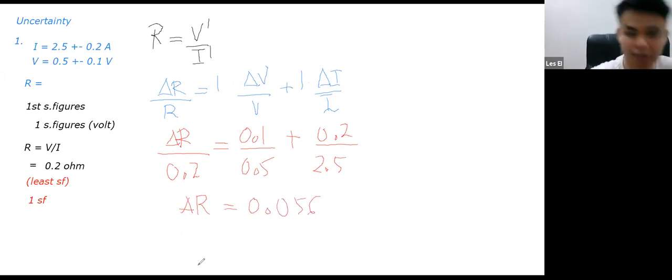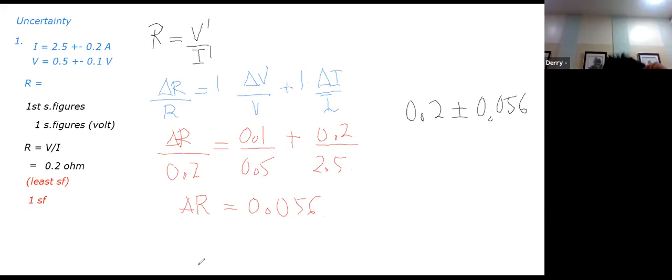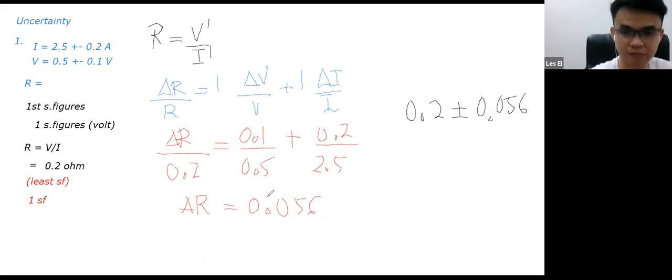Okay, I need you to think, is it right for us to write the result as this? Will it be right if you write the result like that? No, because you decided this to be 1 SF, and as you can see, because you decided 1 SF, it will end up with 1 dp.